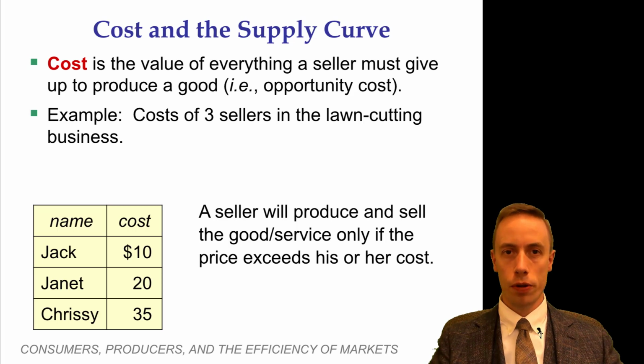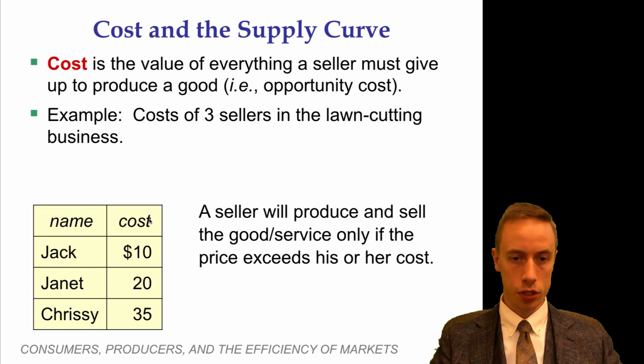They will mow a lawn if the price they are paid is equal to or greater than their opportunity cost, what they have to give up, to mow a lawn. So notice, price versus cost. Price is what a seller receives, cost is what they have to give up.